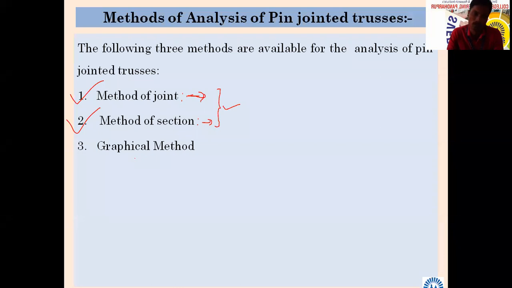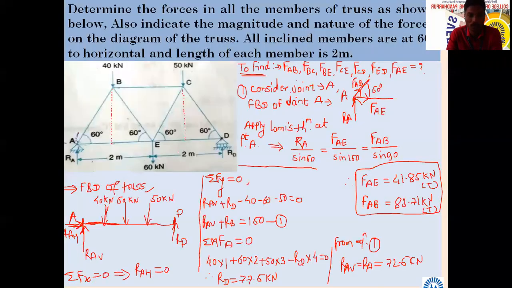Method of joint we have seen, in which we select joints one by one. Now today we are going to see the method of section.